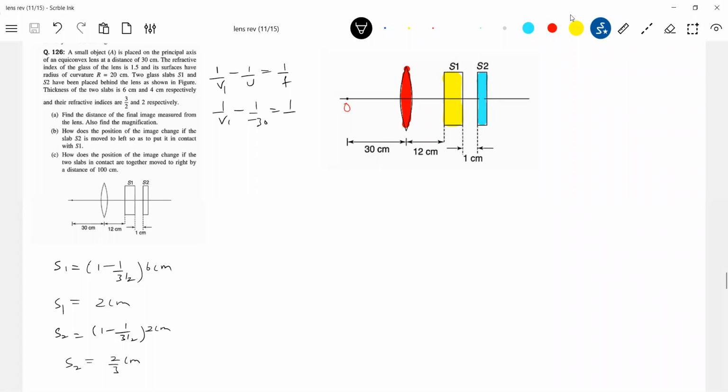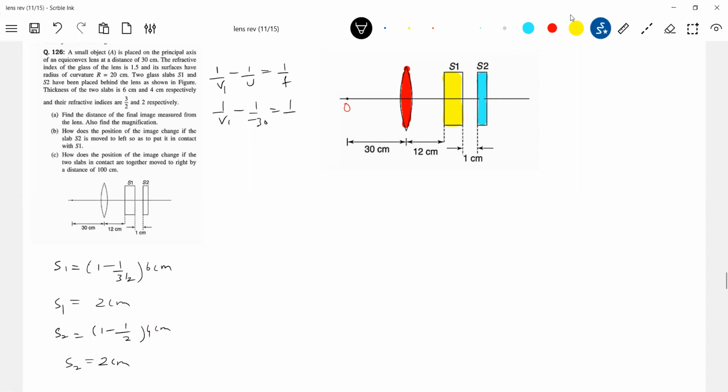Oh, changed here, glass is 3/2. Another, okay, this is 2. Thickness is also 4, 1 centimeter shift. Then 2 centimeter. I think I'm reading somewhere.